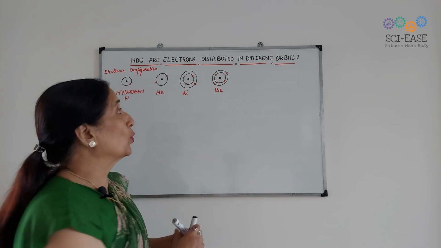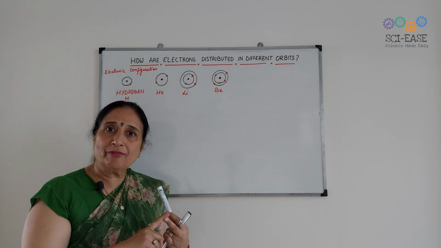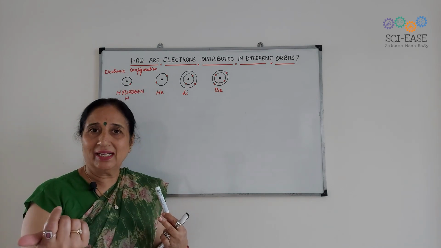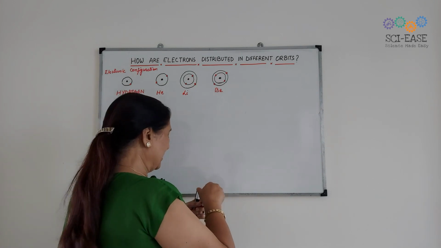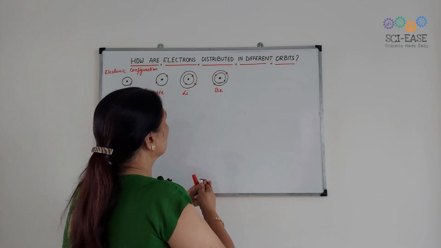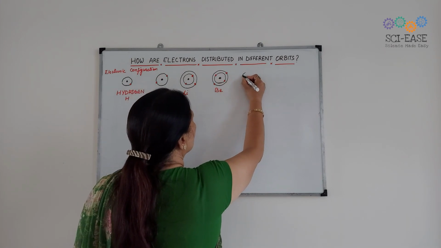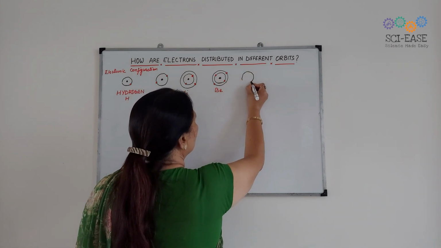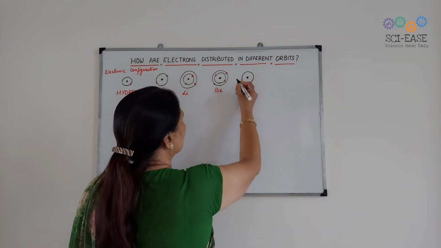Then comes boron with atomic number 5. This means the electronic configuration is 2, 3. In the first shell, the number of electrons that can be accommodated is 2. This is the nucleus.